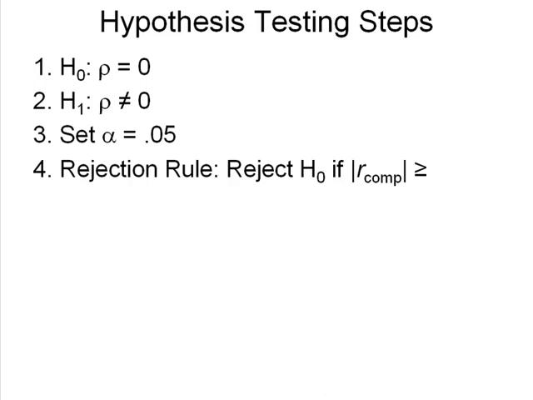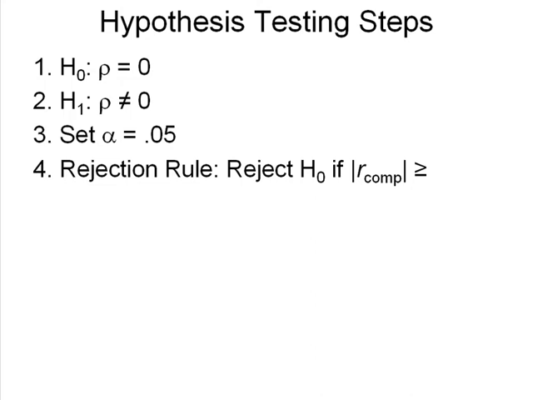Now we do our rejection rule. Step 4 is the rejection rule: reject the null hypothesis if the absolute value of R comp is greater than or equal to some number. Where do we get that number? In this case, it's probably easiest to get it from the appendix in the back of our statistical book.